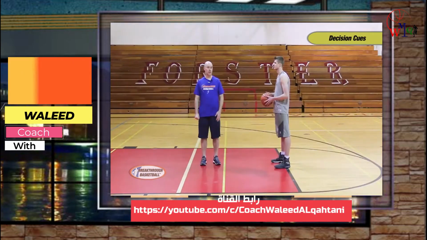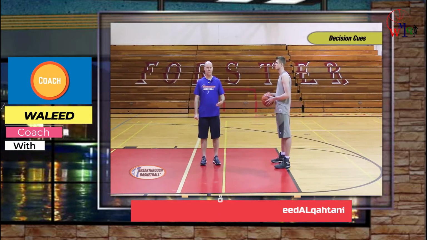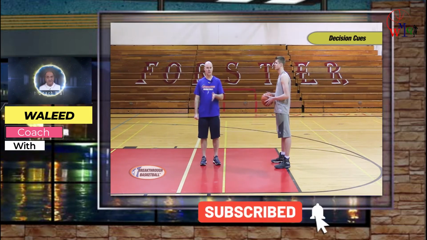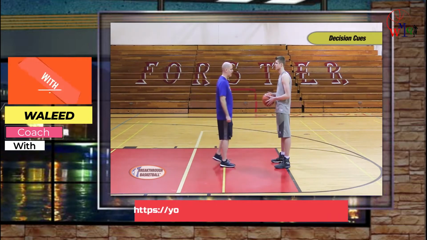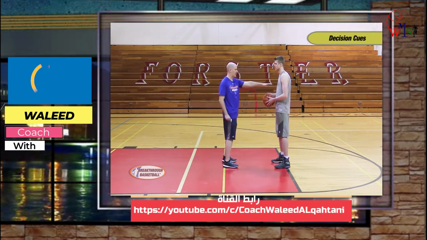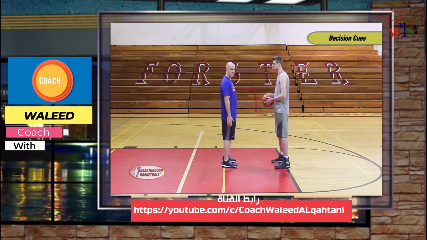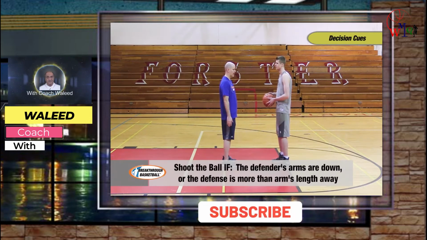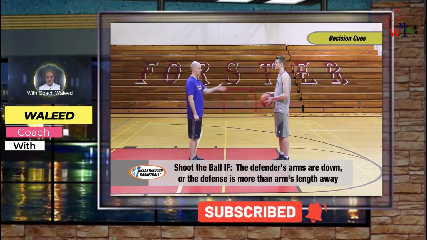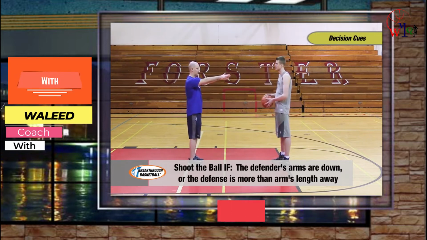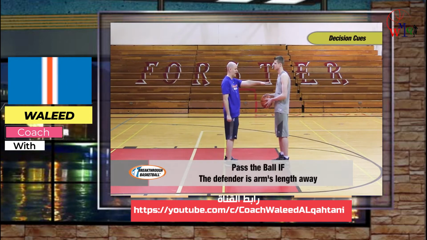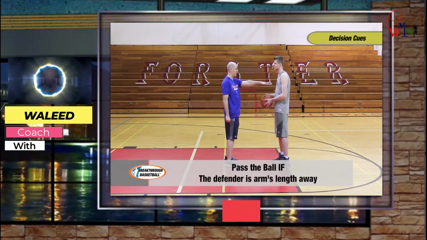Each of those decisions relates to a game-like decision. So it gives our players a building block that leads to a game decision with live competitive defense. For example, a defender who is arm length away versus a defender who is more than arm length away or has their hands down. If my hands are down or I'm more than arm length away, the decision is to shoot. That's why the decision is hands down. The decision to pass the ball is based on the defender being arm length away.